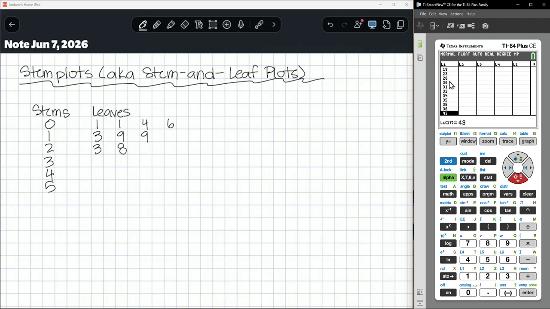So for my 3 stem, I've got a 0, a 1, a 2, a 4, 2 5s, and a 6. If I keep scrolling down, for the 4s, I've got 3, 5, 7. And then for the 50, I've got a 0.